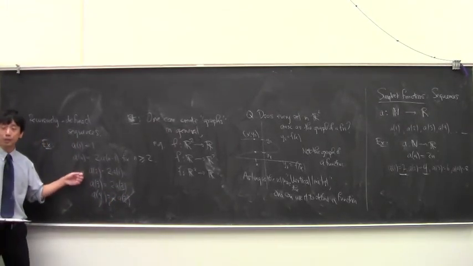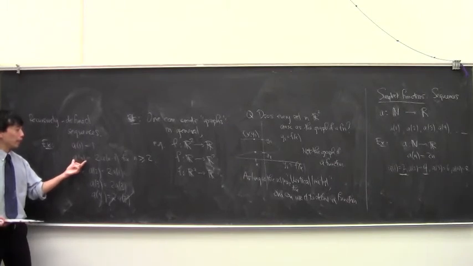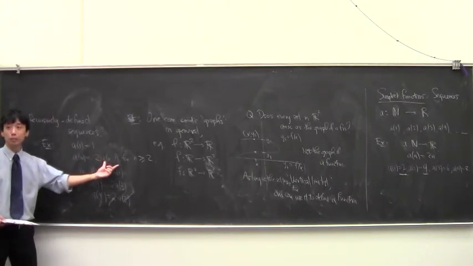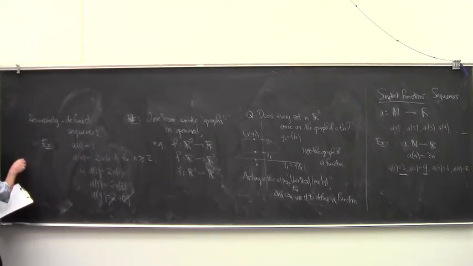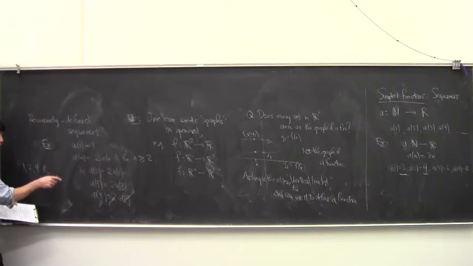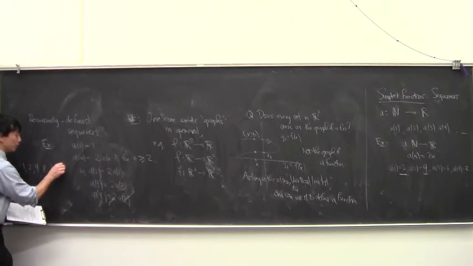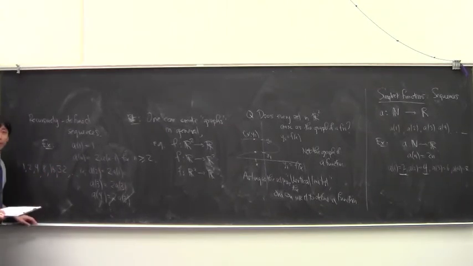So there's a recursion: the nth term is twice the (n-1)th term. And so my sequence would be 1, 2, 4, 8, 16, because each one is twice the previous one. Powers of 2.